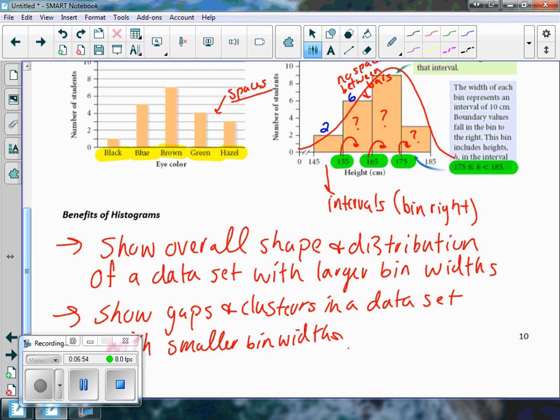And here there are, I guess, about 11? Looks like 11 students from a height of 165 to 175. And finally, 3 students from a height of 175 to 185. You don't know what the actual heights are, but you know how many students fall in those ranges. And that's one downfall to a histogram.